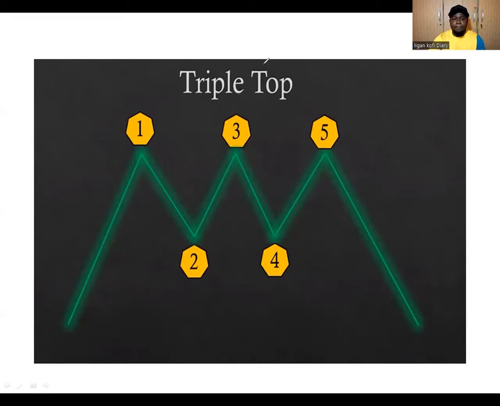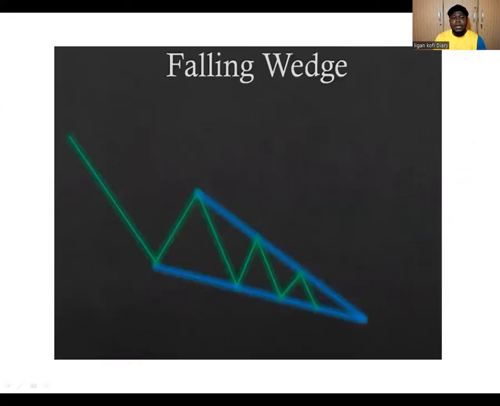Now, let me quickly go on to the next one, which is also a reversal. This one is called a falling wedge pattern. When you watch this falling wedge pattern carefully, it has some key notes I want all of you to take note of, because one thing you realize is that we are in a downtrend, and then this trend begins to diminish.